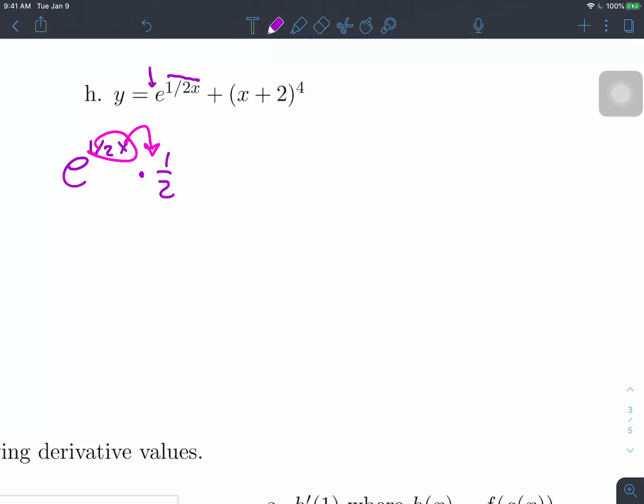The next part, we can see this is another composition of functions. It's x plus 2 being plugged into the power z to the 4th. The way I do that derivative is, again, I just treat this whole thing as z. So I would do 4 times x plus 2 to the power 3.